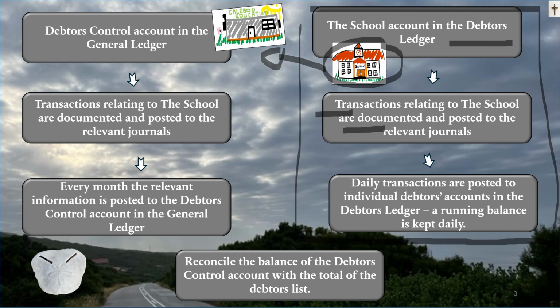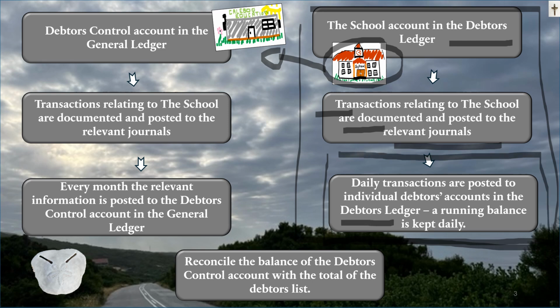I'll show you a few documents, although that's not the focus of this video. I'm going to take that information to the relevant journals, and we are going to focus, as I've said, on the debtor's ledger, the school account in the debtor's ledger.